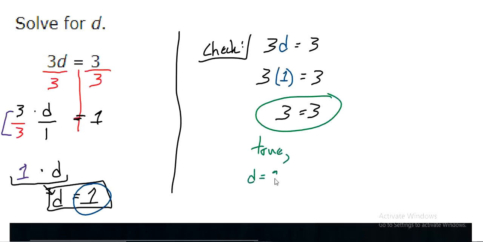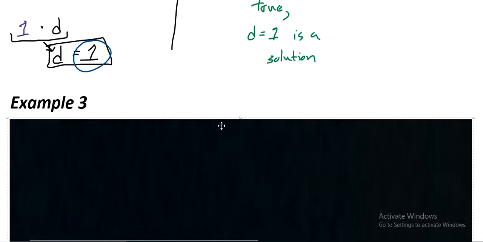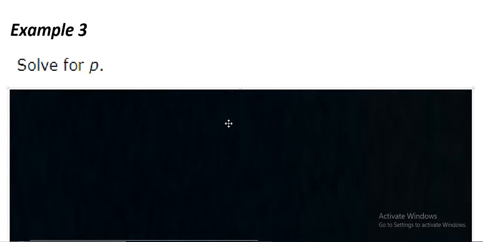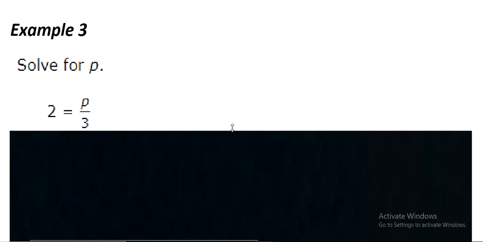So D equals 1 is a solution. There we have it. So one more example, because this one will pop up and fractions confuse people sometimes, so we might as well go over it.